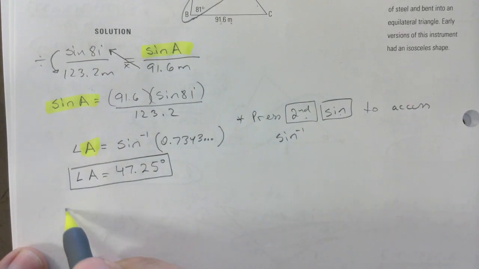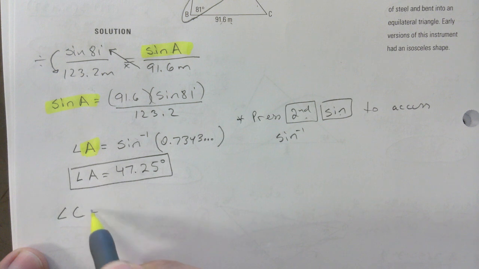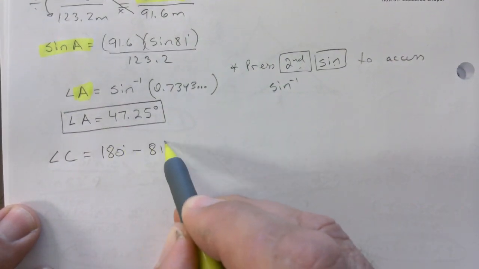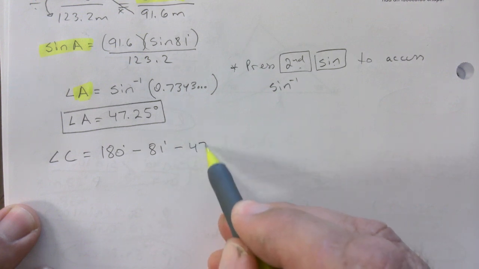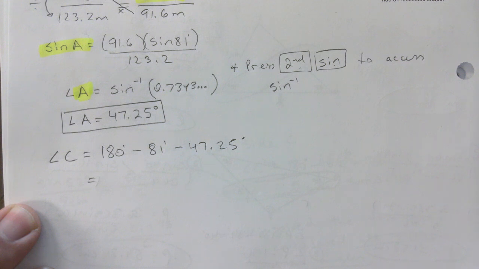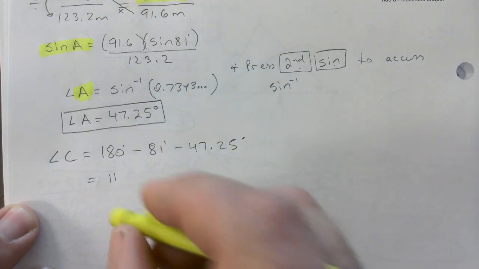It's asking us for angle C. Angle C is 180 minus 81 minus 47.25. Oh no, this is wrong. My answer is off here. I don't trust it. 51.75, right?